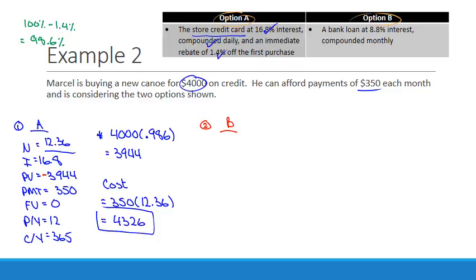It is a bank loan at 8.8% interest compounded monthly. So it doesn't tell us if it's regular payments or not in that part, but if I read the sentence itself, again, it says $350 each month. So in that first part, it was telling us that it's monthly payments, because loans, as we already know, can be monthly payments or single repayment. All right.